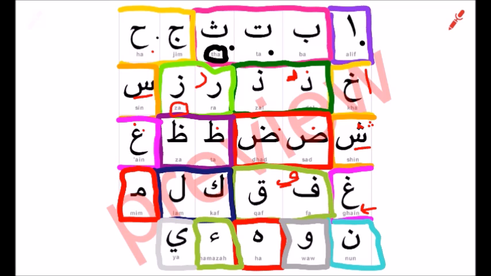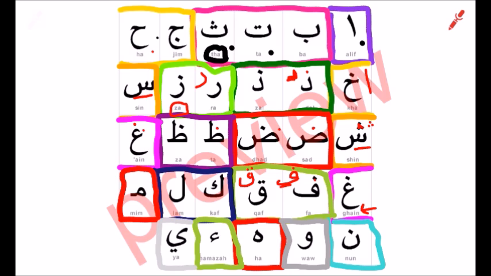Whereas the Qaf comes in as a hook, and also it has two dots at the top. That's the difference between Qaf and Fa. Fa has one dot, and Qaf has two dots.